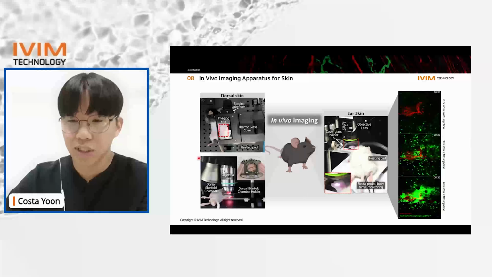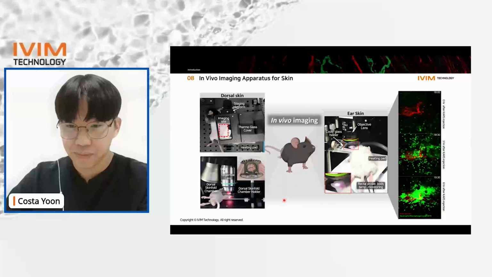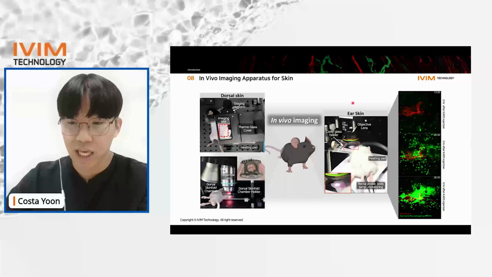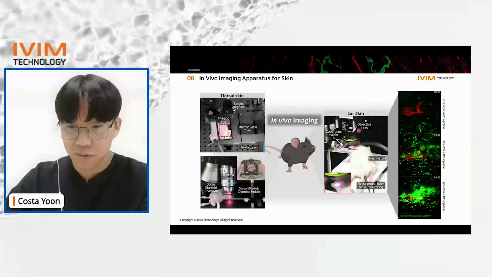For long-term studies, a dorsal skin fold chamber can be implanted to provide better access to deeper tissue layers, as one side of the skin is removed. This model is also widely used for melanoma and other skin cancer studies. Ear skin is easier to mount and can be gently placed against the glass surface for stable imaging.